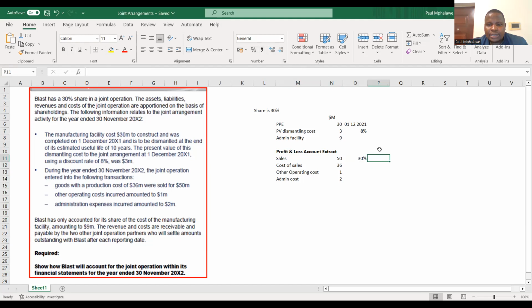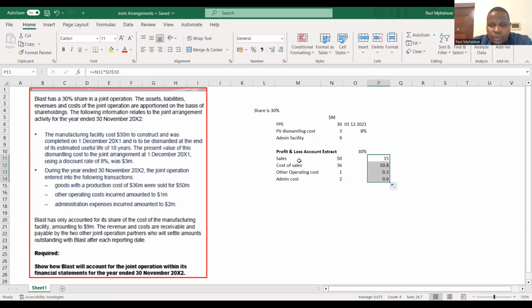So it's as simple as taking sales 50 times 30%. Or we can put it here and easily drag the formula.